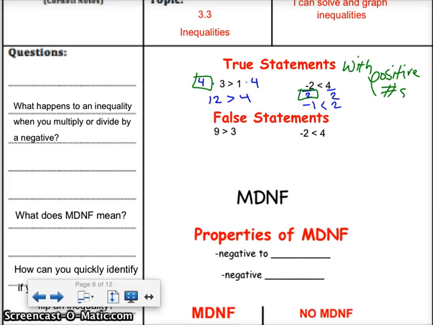Now it doesn't always maintain its truth. And I'm assuming now you can figure out that if I was talking about positive numbers, something's going to happen with negative numbers. So I'm starting with a true statement. Is 9 bigger than 3? Yes or no? Yeah. Okay. Now watch what I'm going to do. I'm going to times both sides by a random negative number, negative 2.